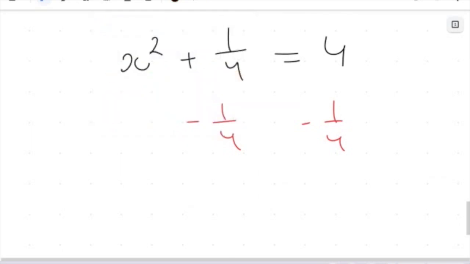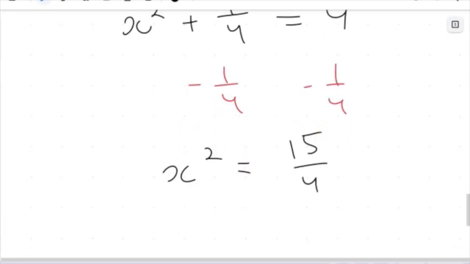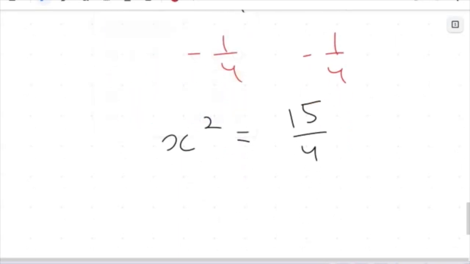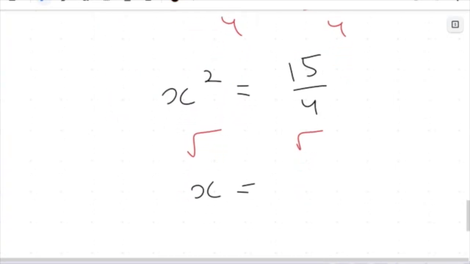And I wind up with x squared equals 15/4. And I just want to take the square root of both sides, which leaves me with x equals plus or minus the square root of 15 over, now the square root of 4 is going to give me a nice number, so I'm just going to write that as the integer 2.